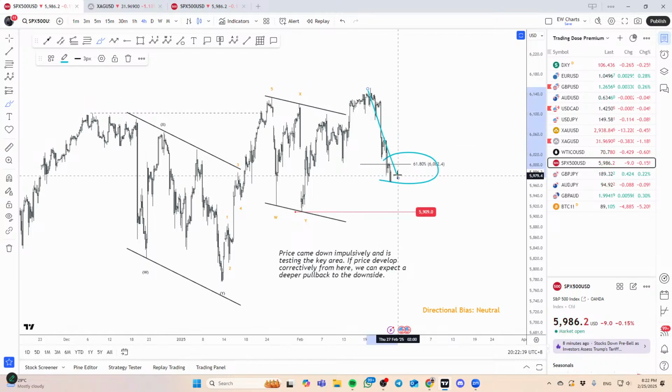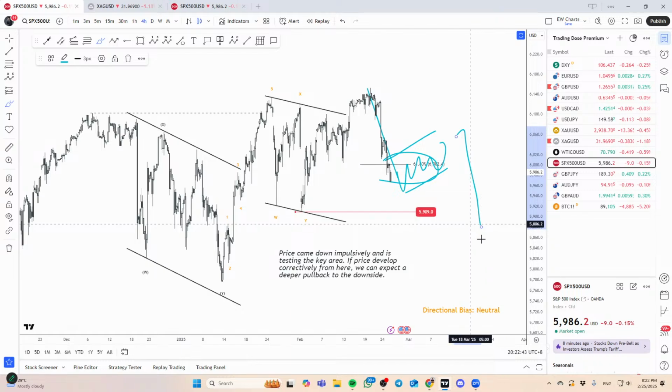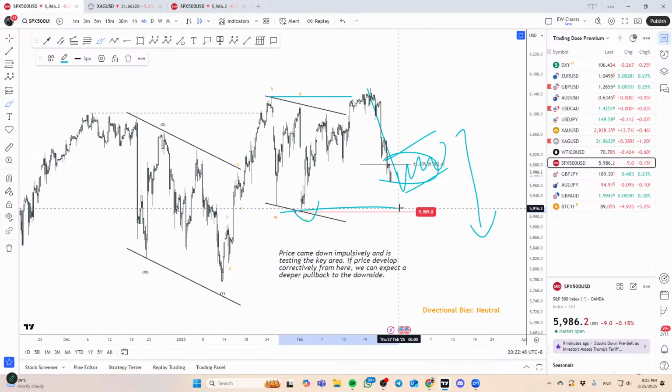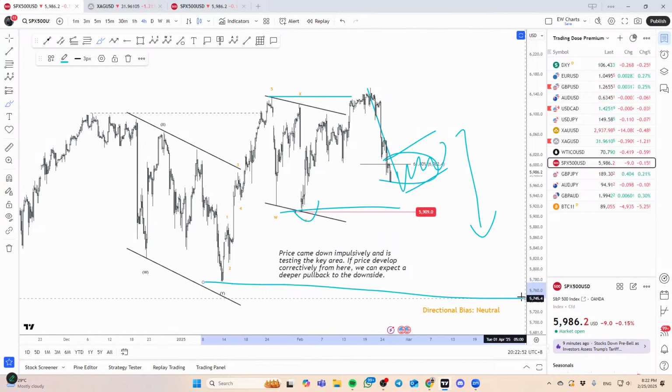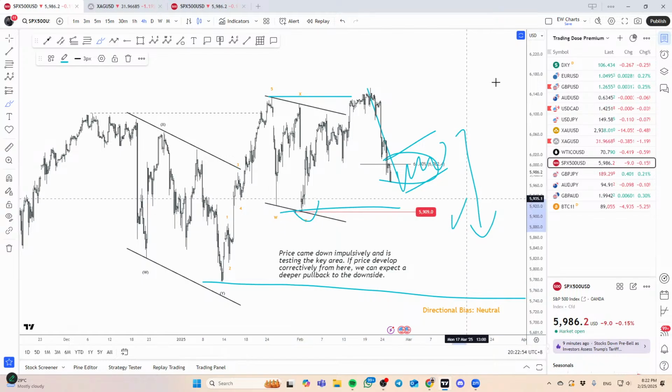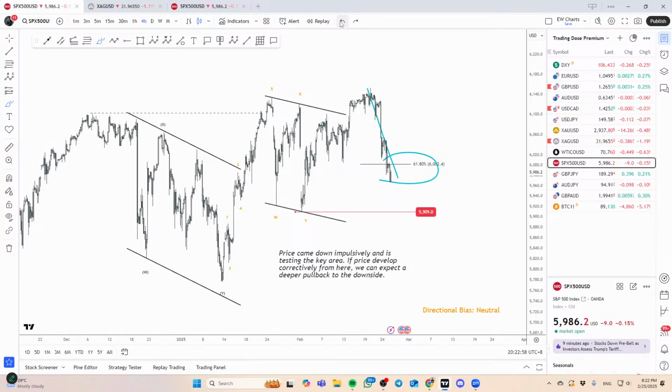Looking at this momentum push, there's a very good chance this would turn out as a corrective pattern, and then one more drop, breaking that low. Then we have this high broken, this low broken. That's potentially an expanding flat structure with this swing low intact, and then we look for upside, right? So for now, with S&P, we're just going to stay neutral until we get more information on what pattern this is likely developing.